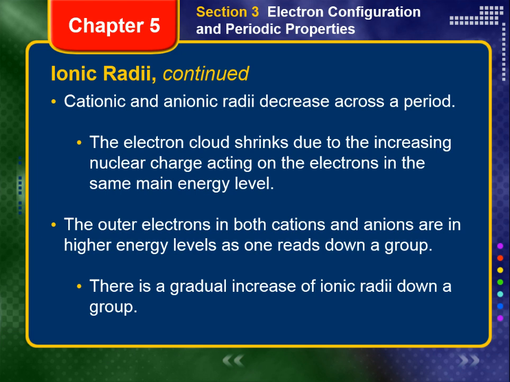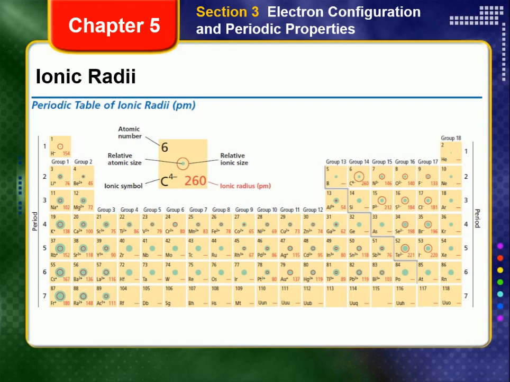Starting with group 15, in which atoms assume stable noble gas configurations by gaining 3 electrons, anions are more common than cations. Ionic radii decrease across each period for the elements in groups 15 through 18. The reasons for this trend are the same as the reasons that cationic radii decrease from left to right across the period.